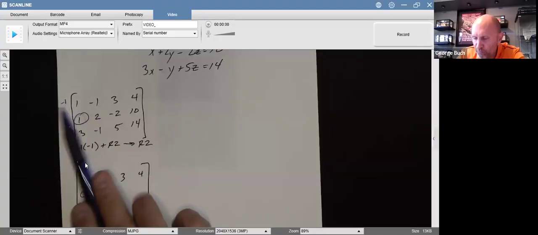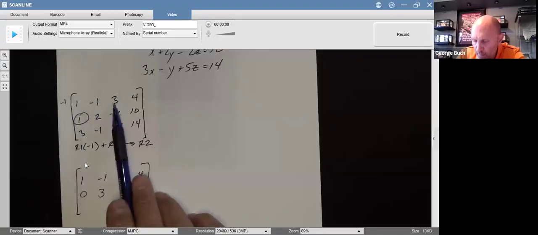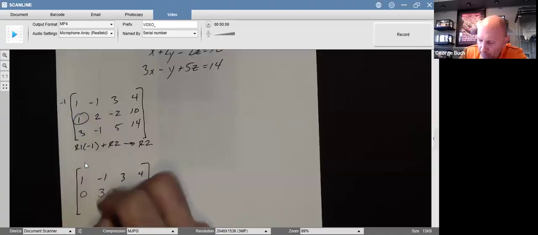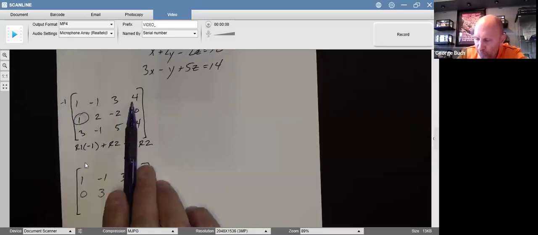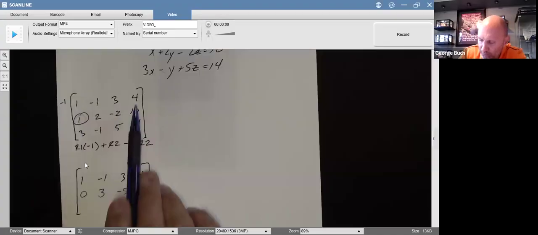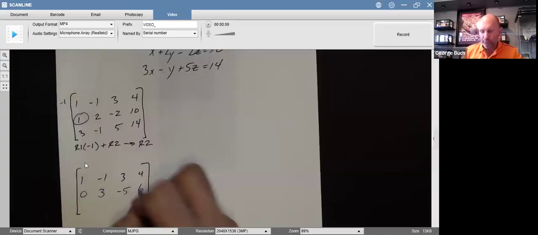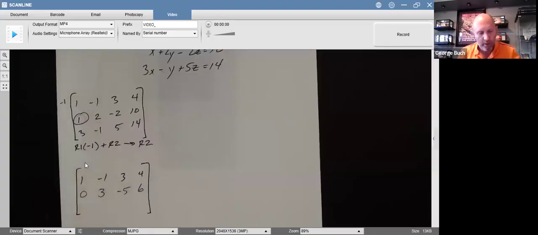Negative 1 times 3 is negative 3. Minus 2 is minus 5. And negative 1 times 4 is negative 4. Plus 10 is 6. So we get for the new second row, 0, 3, negative 5, 6.